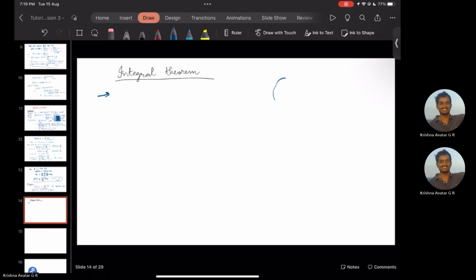Suppose you have a body, B. What an integral theorem does is express a quantity which is defined over the body in terms of an integral over the surface.